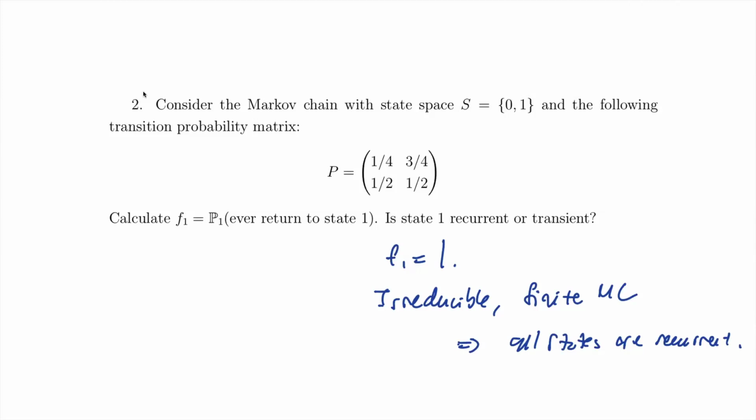Well, but we understand, actually there's a small logic step here. What did we prove though? We proved a finite Markov chain must have at least one recurrent state. But then, because it's irreducible, everything is connected to everything else, so everything is connected to that recurrent state, so everything must be recurrent.